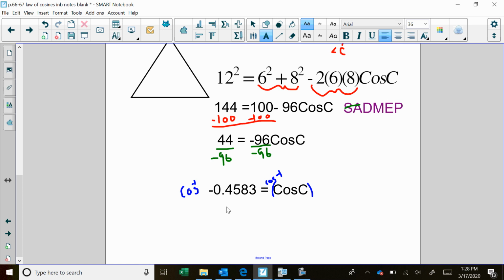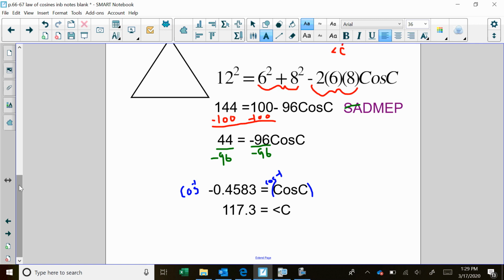Hopefully you're still in degree mode. Inverse cosine of my answer is 117.3 degrees, equals big C, or otherwise known as angle C. So that is the use of law of cosines to find an angle measure.